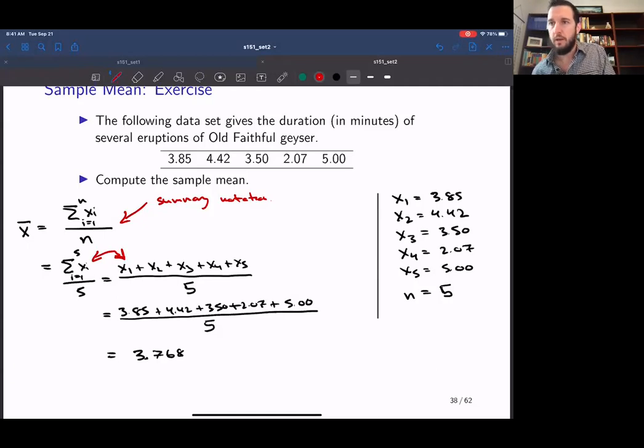But in general, we usually round to 3 for our final answer. We'll talk a little bit more about that too in the next step, because with more complicated calculation, you want to hold more decimal places or more significant digits in the intermediate steps of the calculation, and then round to a smaller number in the end.